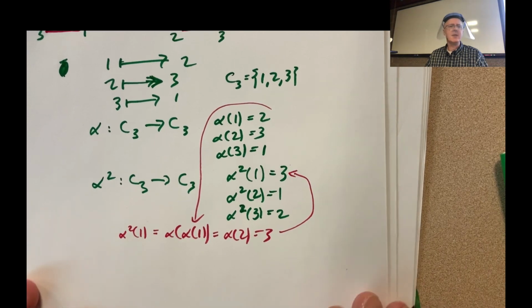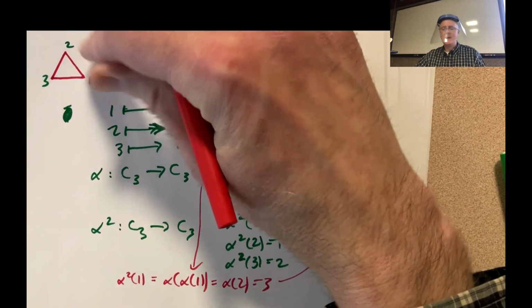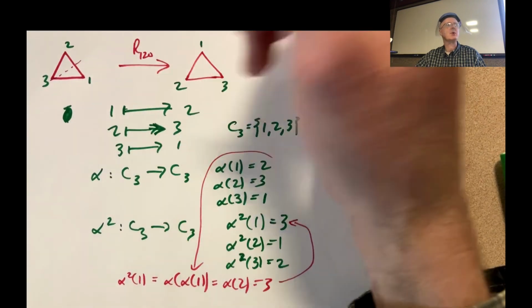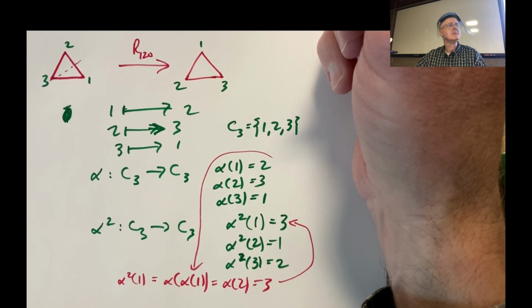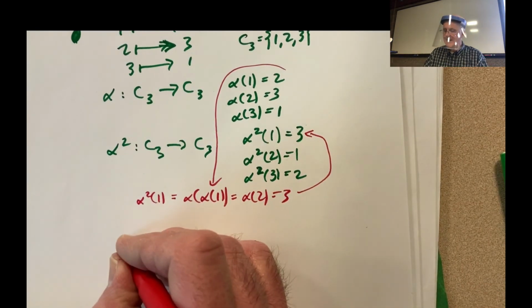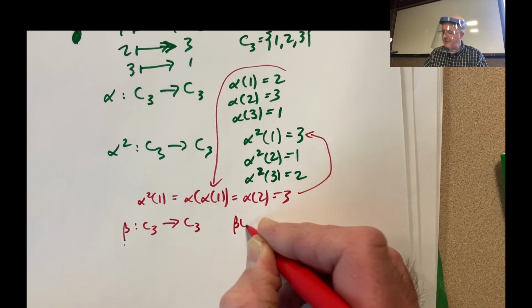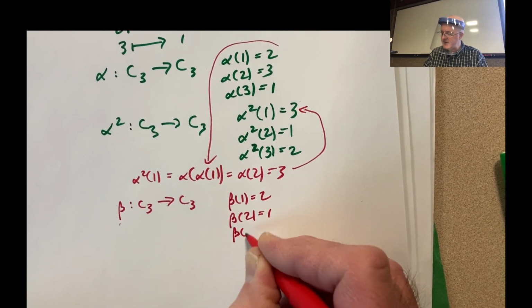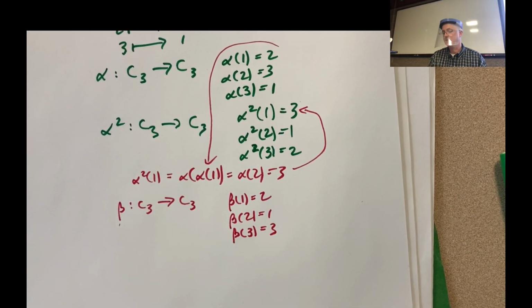What about flips? What about reflections? If I rotate about a line like this, 1 and 2 are going to get swapped and 3 stays where it is. If beta maps from C3 to itself, by swapping 1 and 2, but leaving 3 fixed, that is a permutation. That's a reordering, so to speak, of the vertices or of the numbers.